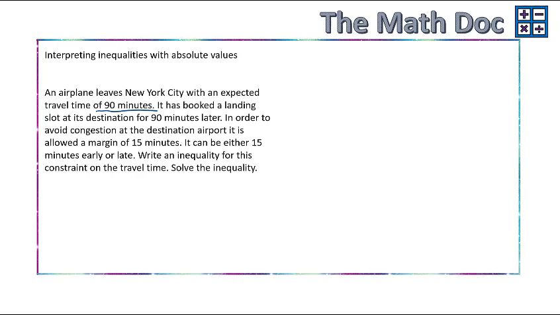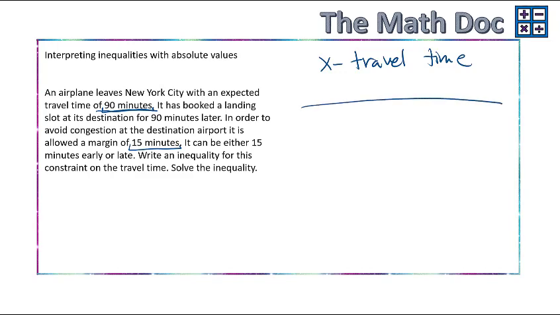Okay, so the travel time will be, let's call x the travel time, right? That is our variable. And we know that optimally it should be 90 minutes. So that means that we're looking at an interval around 90 minutes. From each side we have a margin of 15 minutes. Okay, let's draw this on the number line.